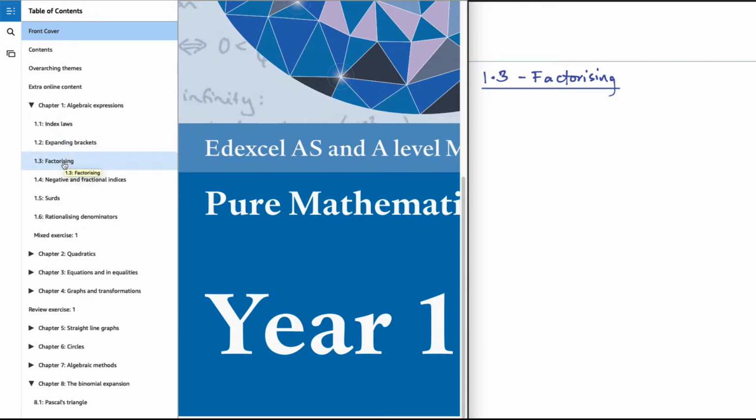You'll notice this is revision of GCSE content. And that's how your A-levels usually start off. You usually start with revision, or it depends on your teacher really. Your teacher might decide to start on something a bit more exciting, but often they will start with some revision, or you will do some revision at some point in your A-levels.